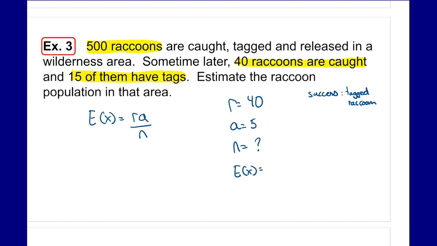So we have 500 raccoons that are tagged in total. The expected value is based on the overall population. What would we expect to get? In this case, we got 15. So based on getting 15 tagged raccoons from our sample, what could we assume the population is? In this case, 15, our expected value, is equal to 40 times 500, all divided by an unknown.